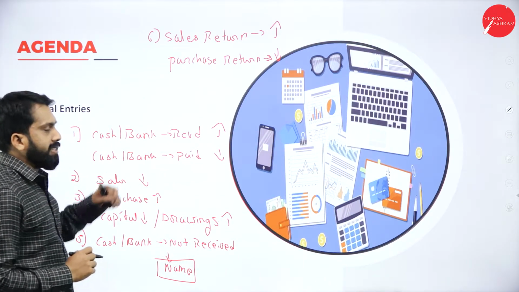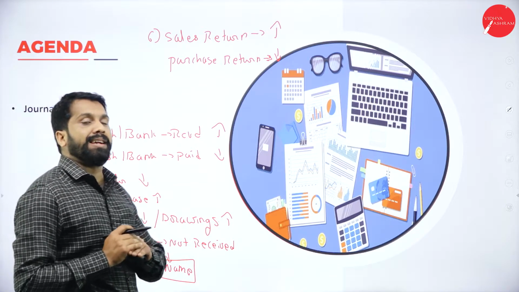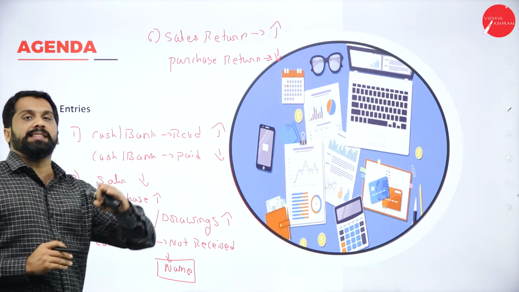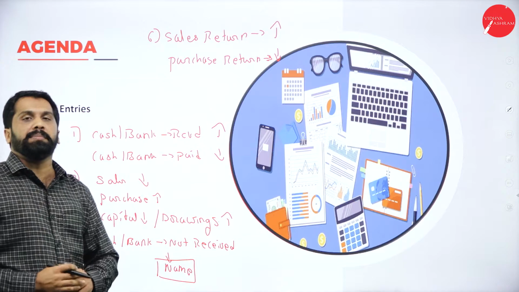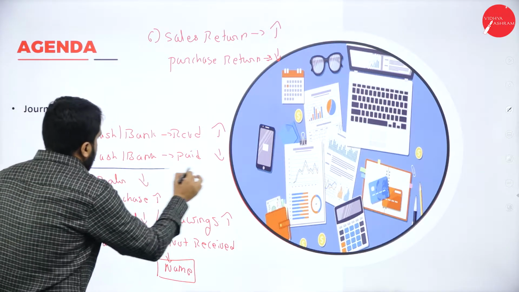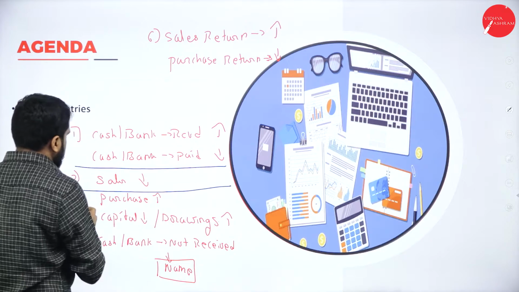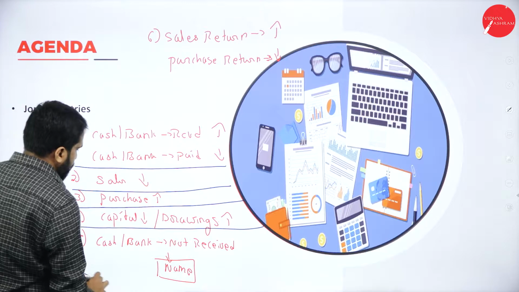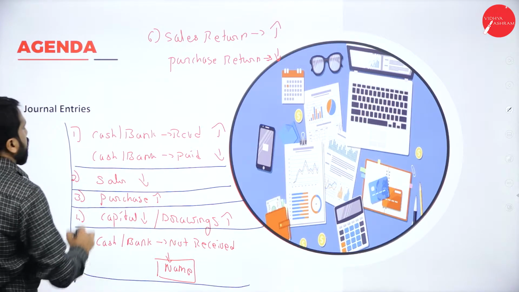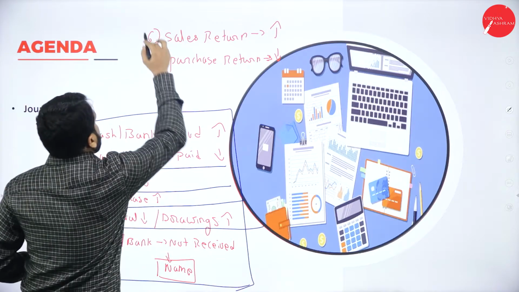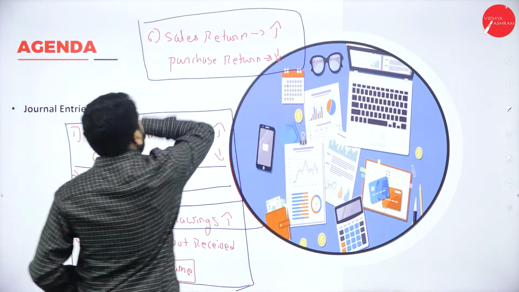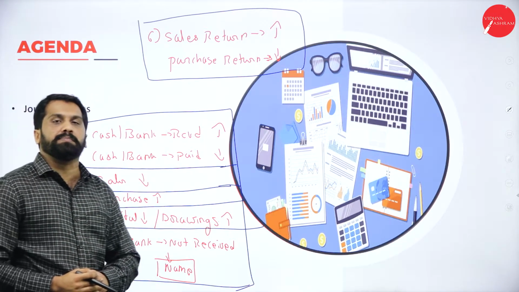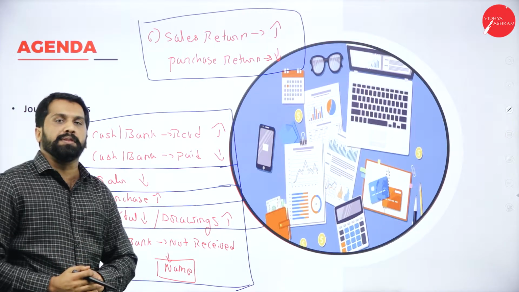So in total we have 6 logics so that we can solve any number of problems. Purchase up, purchase return down, sales down, sales return up. Remember these logics. So this is your first one, second, third, fourth, fifth, and this will be your sixth one. Please take a screenshot so that it will be easy for passing journal entries for every problem.